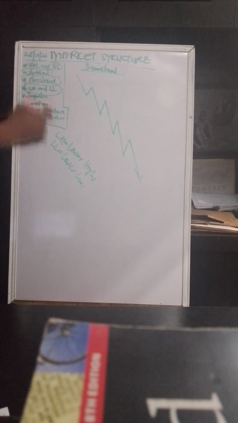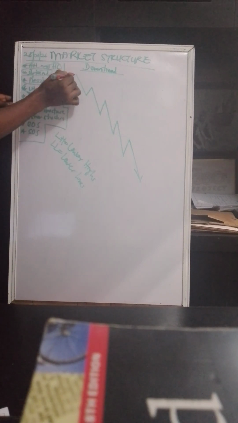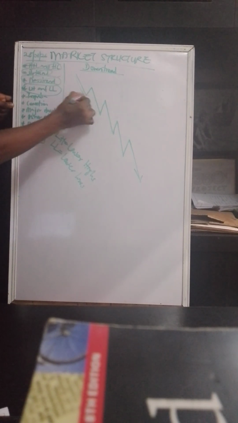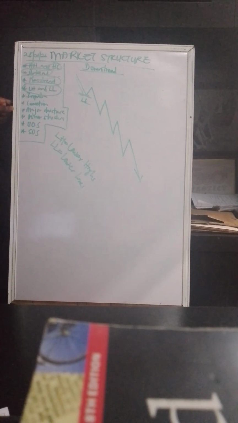So lower highs is, let me start with lower lows. Lower lows is the swing point that the market came to and supported. So the market was moving in a downtrend and it was supported here. So we can call this a lower low.